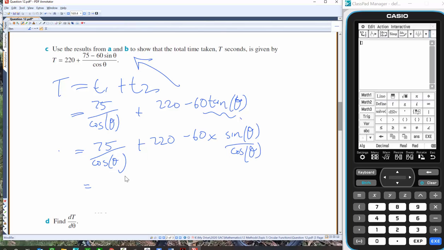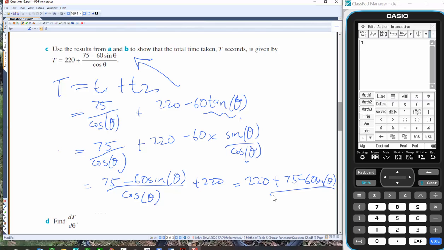Now, because there's a common denominator here, we're going to say 75 take away 60 sine theta all over cosine theta plus 220, or the other way around as required. Whoops, that's a long vinculum there.